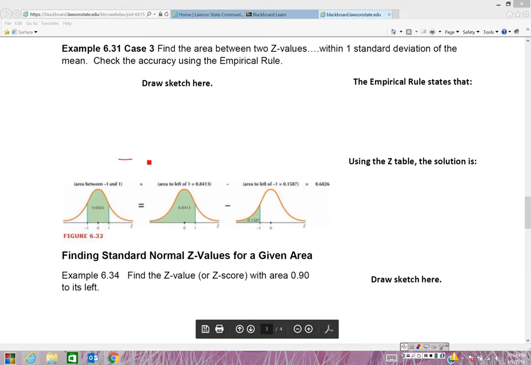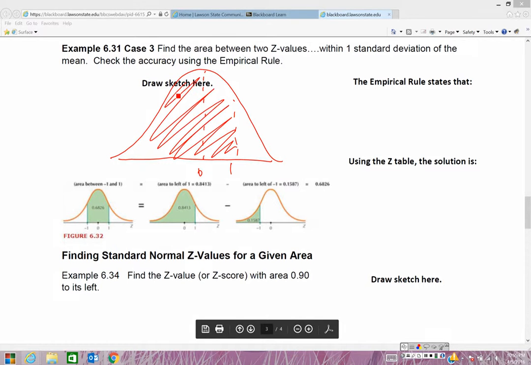So let me draw that again. To the left of z equals 1 will be everything here. So that makes sense because that looks like more than half of the bell curve. So this area is 0.8413.